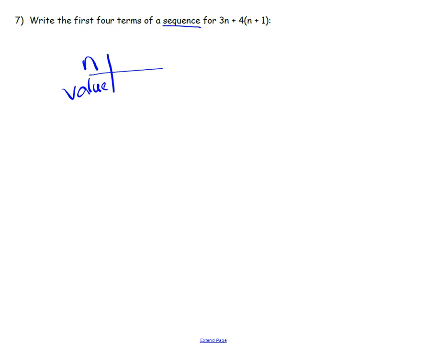If it says first 4 terms, we just need 1, 2, 3, 4, because those are the first 4 numbers. How can we find the value of those?